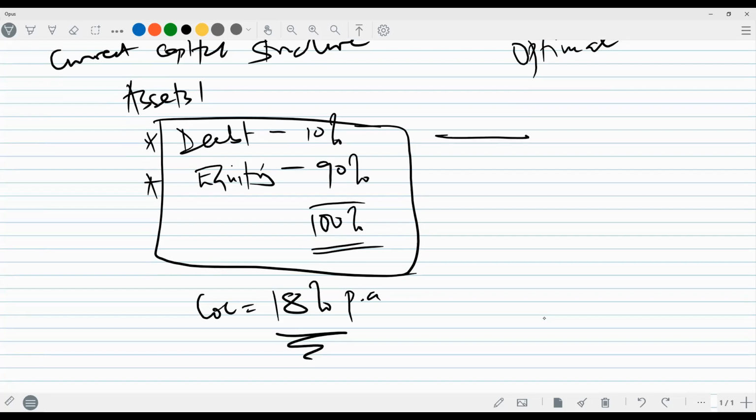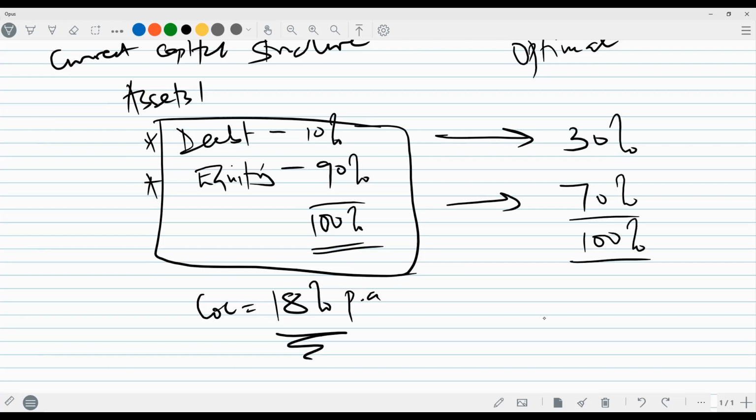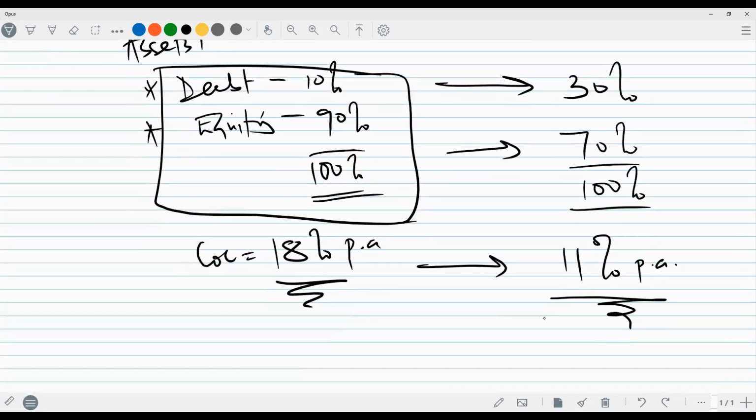If, for example, I increase the debt from 10% to, let's say, 30%, and that means you decrease equity from 90 to 70%, to give us 100%, and the cost of capital decreases from 18 to 11% per annum, and assuming it cannot decrease any further, even if you increase debt or decrease equity, this is the bare minimum it can go. Now, if this can happen, where the company can reduce its cost by simply influencing the debt and equity, then you can say this is an optimal capital structure.